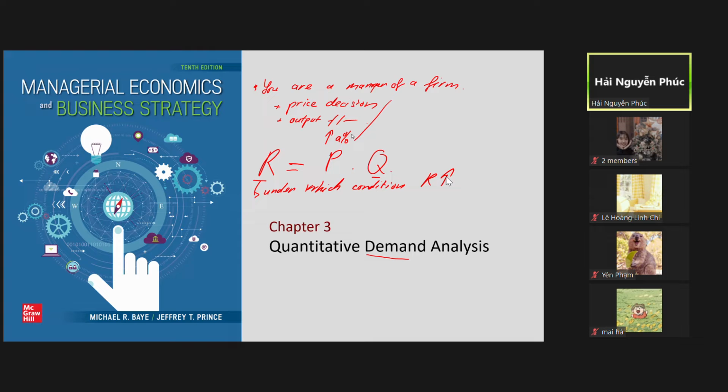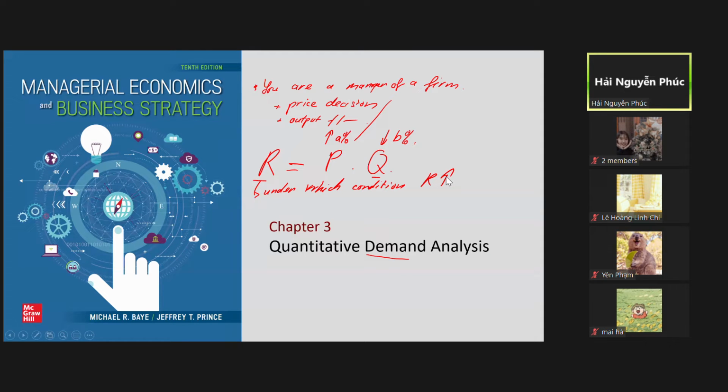All right, one further hint. You know that by the law of demand, if you increase the price, then the quantity demanded will decrease. Now let's say the quantity demanded will decrease by B%.